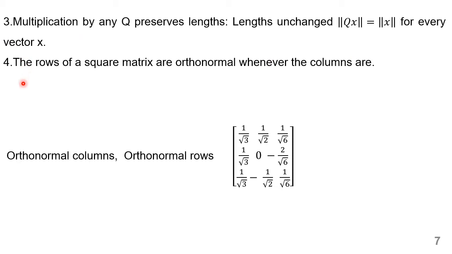And the fourth characteristic is that if the columns in a matrix are orthonormal to each other, then we can also say that the rows of that particular matrix will also be orthonormal to each other. If there are orthonormal columns, then there will be orthonormal rows.